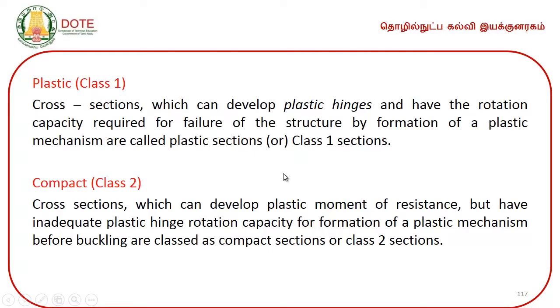So, that is the meaning of plastic hinge. And if a section is capable of developing a plastic hinge and has the rotation capacity required for the failure of the structure, then that section is classified as class 1 or plastic section. And compact or class 2 sections are the sections which can develop plastic moment of resistance, but have inadequate plastic hinge rotation capacity.